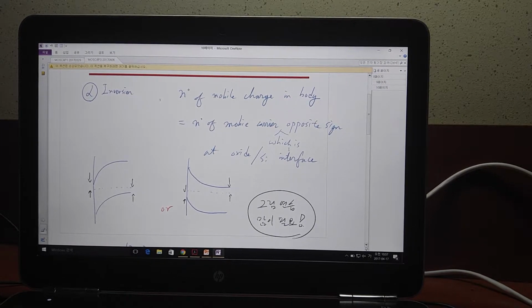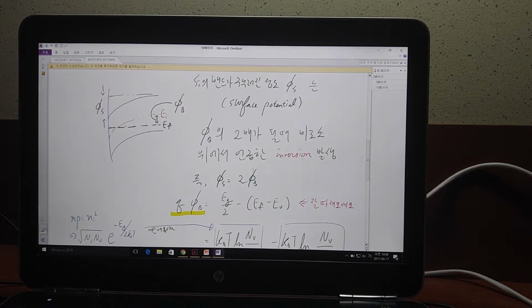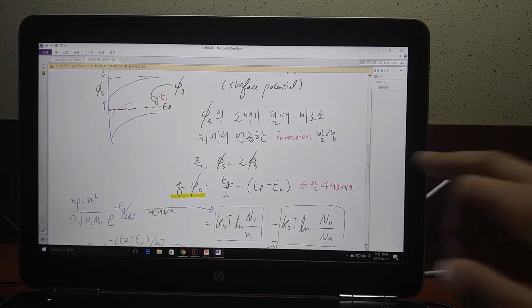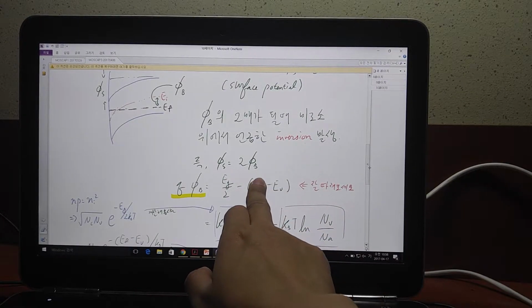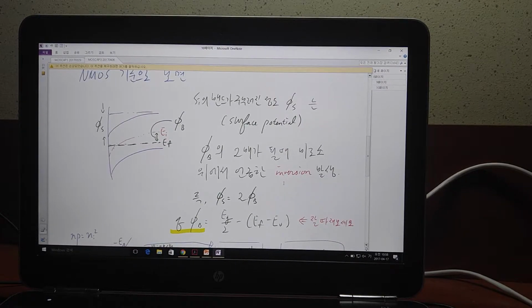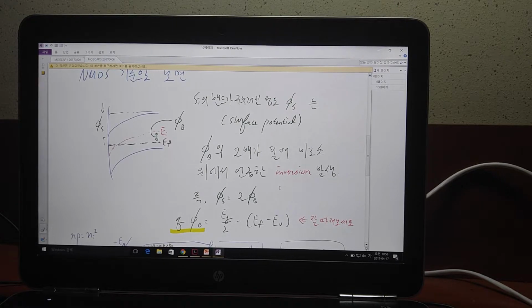For a MOS device, if the surface potential is twice the difference between the intrinsic potential and Fermi potential, the device becomes inversion state. The moment inversion occurs, we call this voltage the threshold voltage.